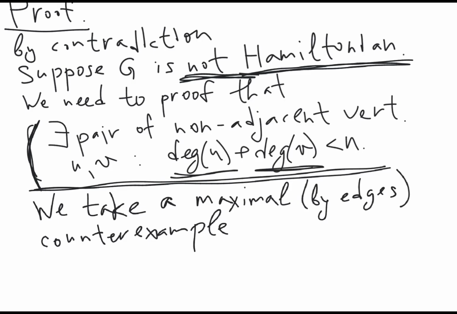So if we found a pair of non-adjacent vertices for which the sum of degrees is less than n, then in the original graph, where there are fewer edges, the sum would still be less than n, because the degree of each vertex would be less than in the resulting graph.